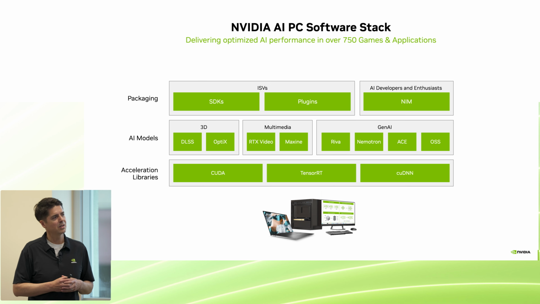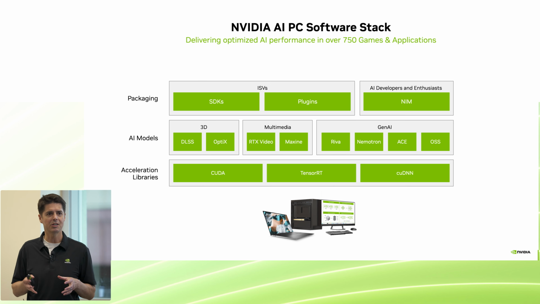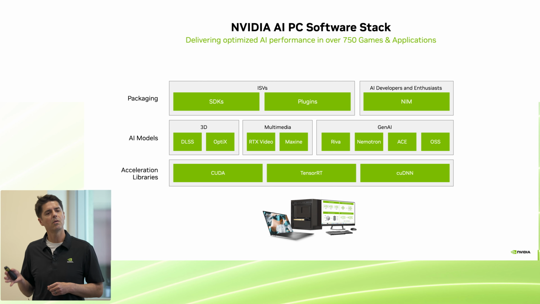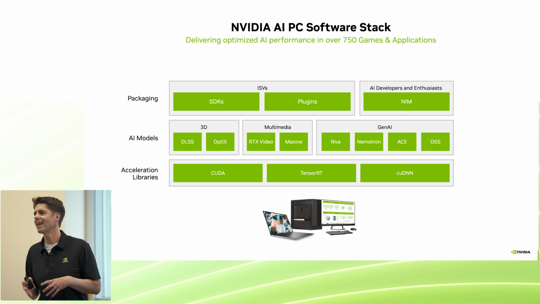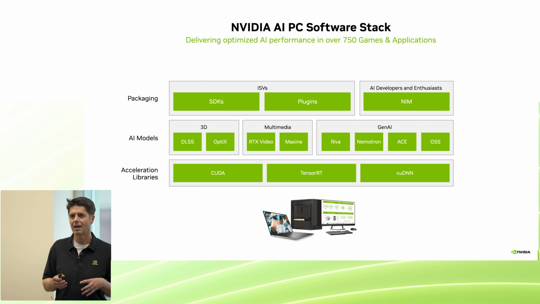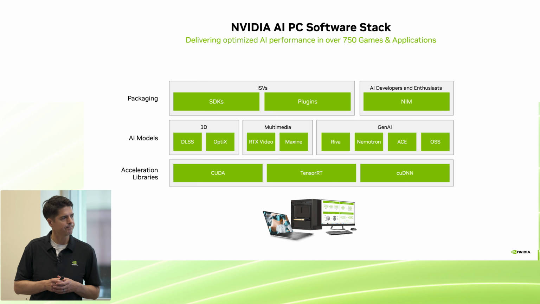It all starts, of course, with the hardware. As you know, at the center of NVIDIA's platform is the GPU. You may know that RTX GPUs from NVIDIA feature tensor cores, which are dedicated AI accelerators that can be used to power your AI use cases.